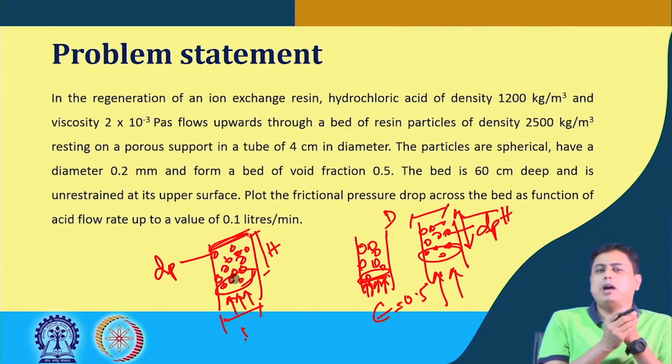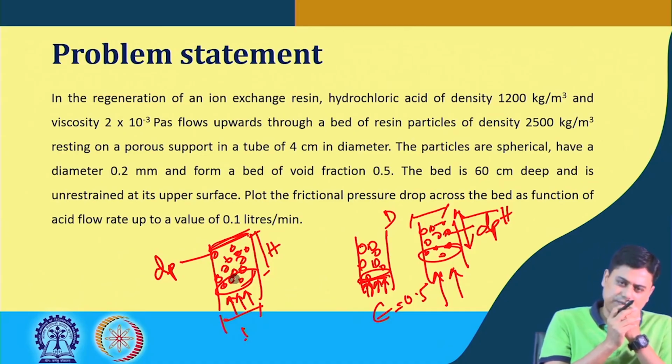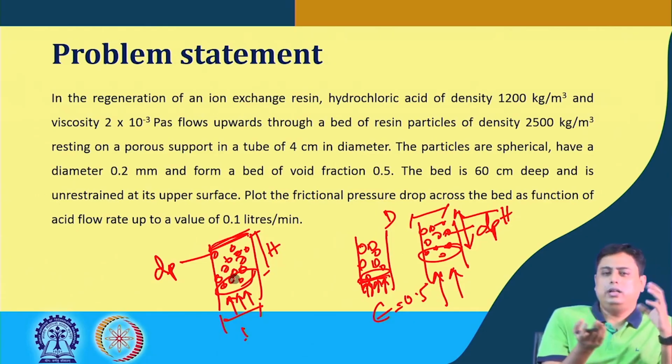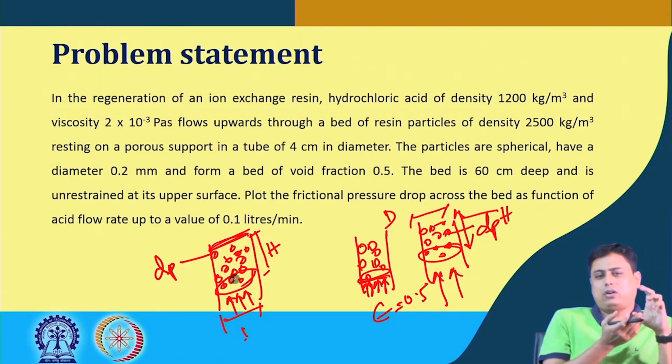This point you have to examine: whether this velocity is sufficient or not. Which means you have to balance the weight of the whole bed with the pressure gradient across the bed.